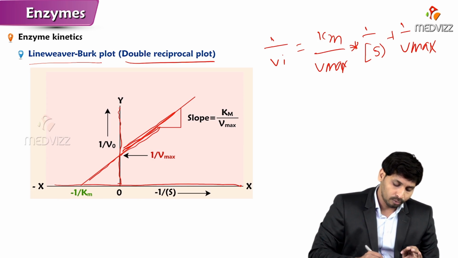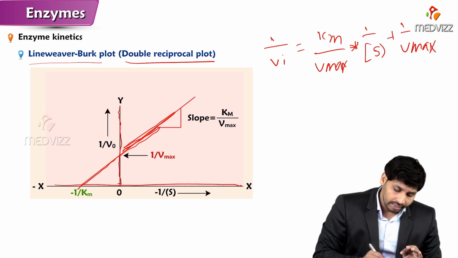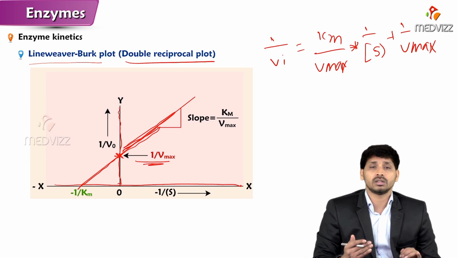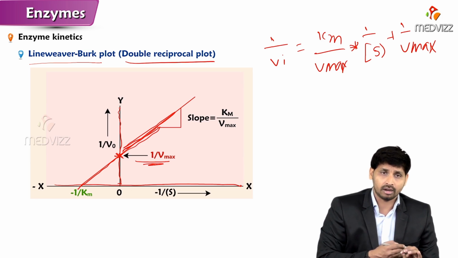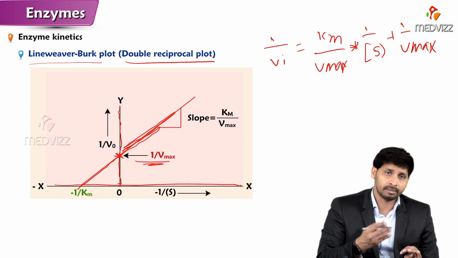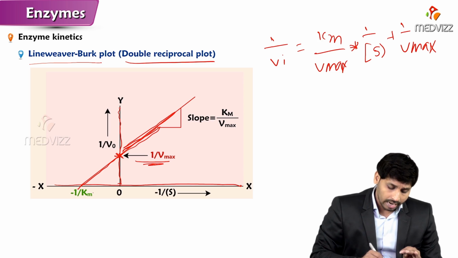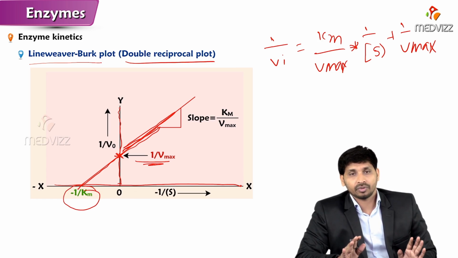I have pulled it to the backside, and the linear line intercepts the y-axis, at 1 by Vmax. If you increase the concentration further, pulling the line back below the y-axis, it intercepts the x-axis at minus 1 by Km.